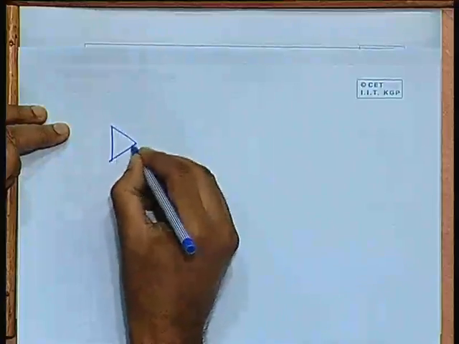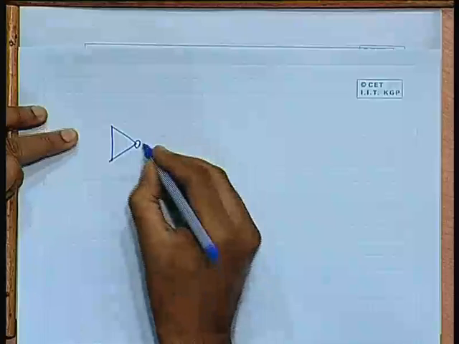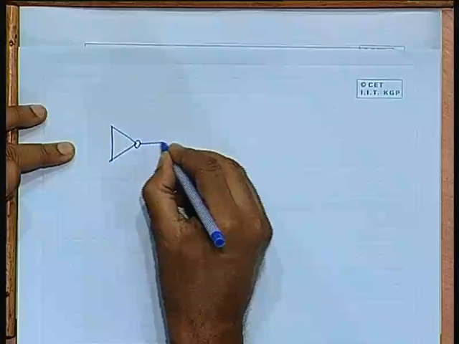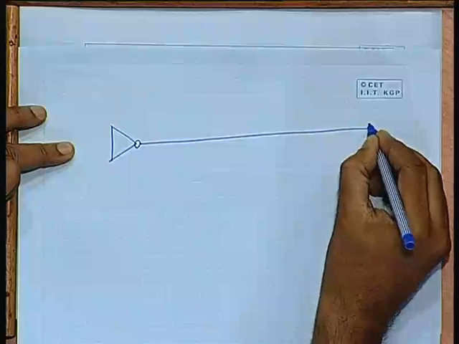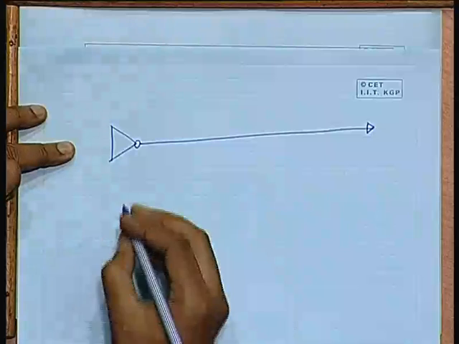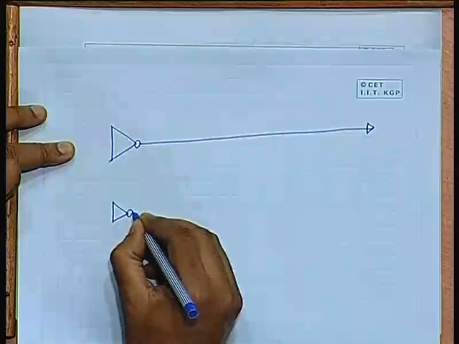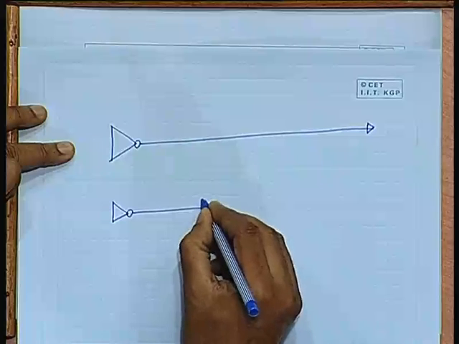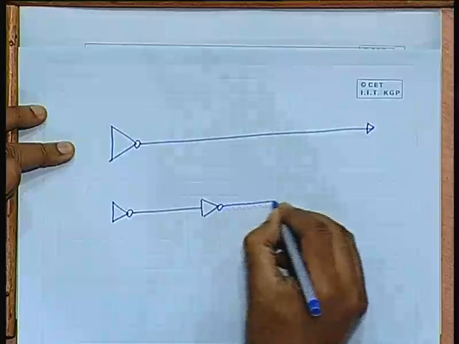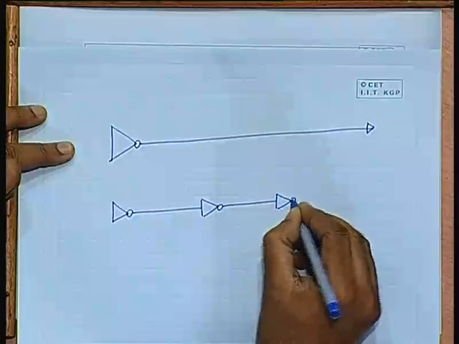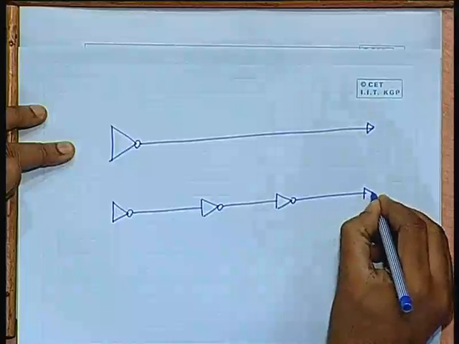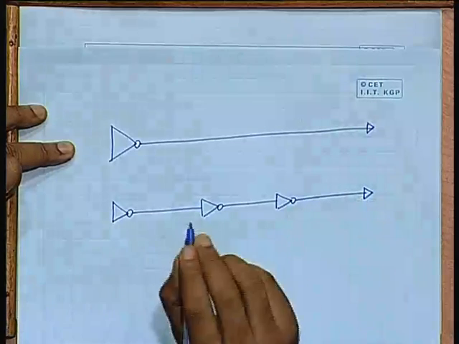What I am saying is that rather than using a single buffer, suppose there is an inverter acting as a buffer, distributing the signal over a long distance to a destination here, if you use relatively smaller buffers, break this line up into several segments and then distribute it, then there are two things.